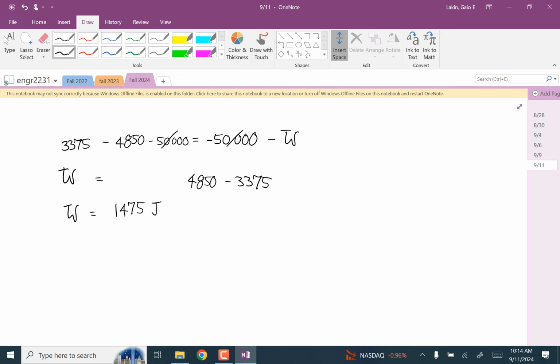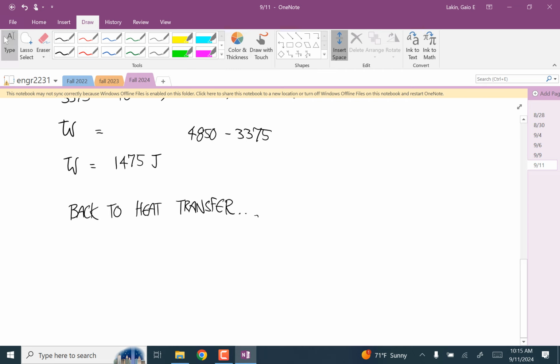So I'm going to just keep going with heat transfer modes. And so the last one that we haven't done is convection.